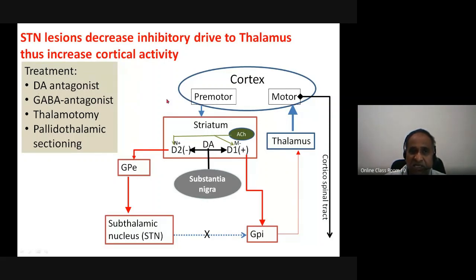The best thing is people have tried the destruction of the ventroanterior nucleus of the thalamus, thalamotomy. Or the best way is to cut this path. Cutting this path is the most ideal, so that would be diminished. But they are all experimental. Maybe some of them, DA antagonists and GABA antagonists, have been tried.